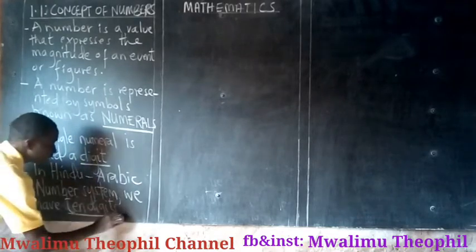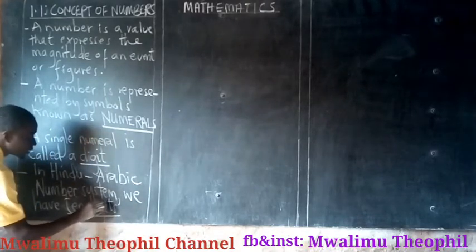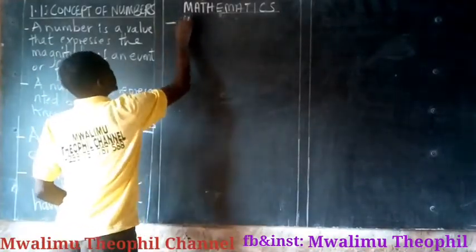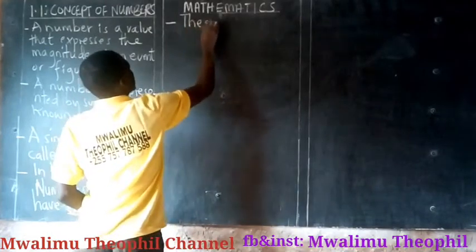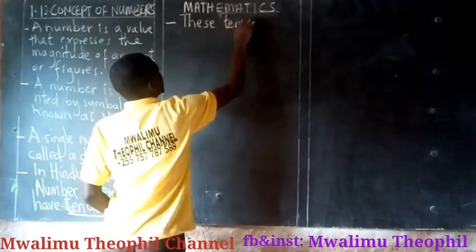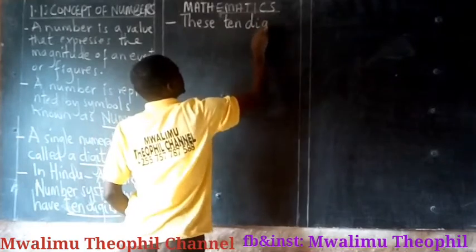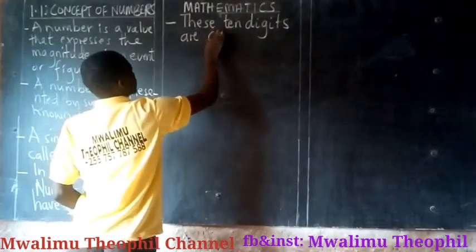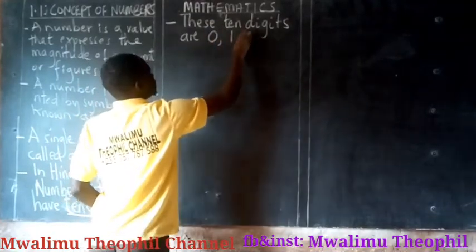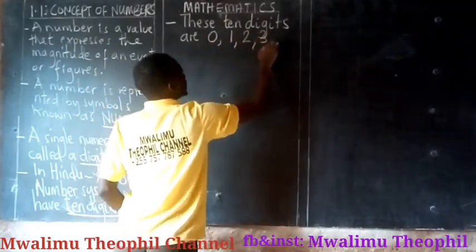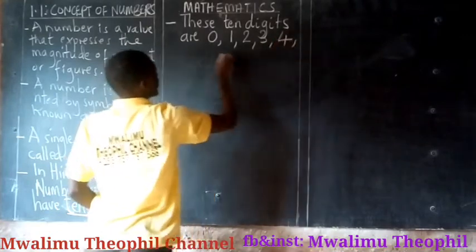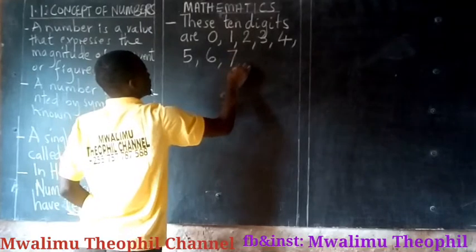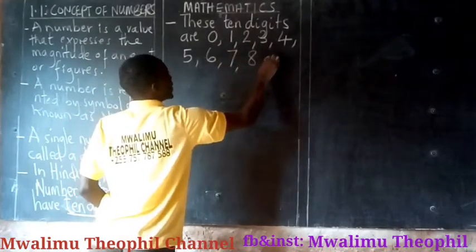These 10 digits are 0, 1, 2, 3, 4, 5, 6, 7, 8, and 9.